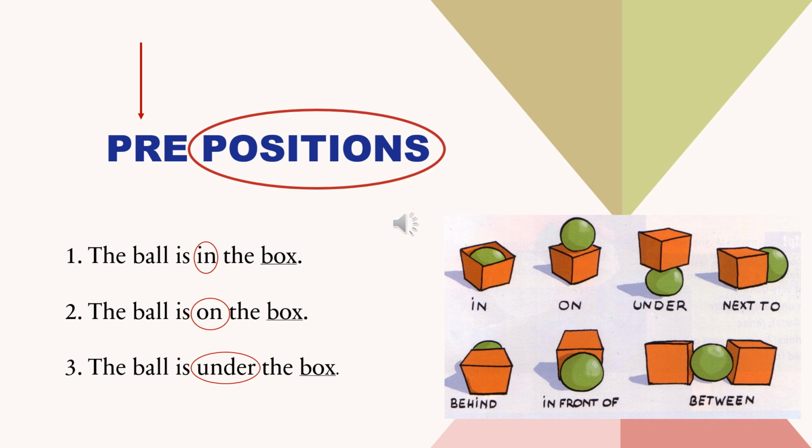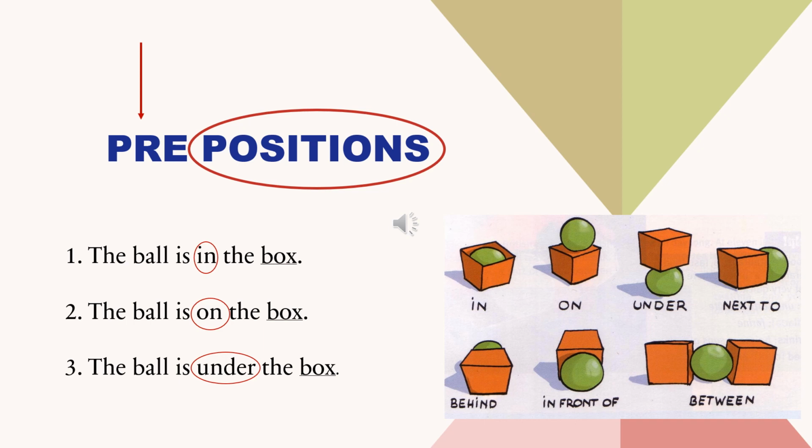Like, where is the ball? In reference to the box, whether it is in the box or on the box. So the box is its actual position, and the prepositions like in, on, under, next to will come before the word box, before the actual position of the ball.